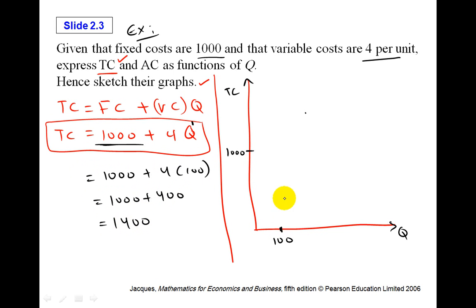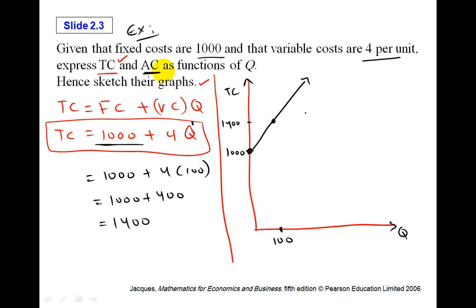So once Q is 100, total cost will be 1400. Let's say that the point is here. So to sketch the graph, you need only to join these 2 points and this is the graph of total cost against the quantity.